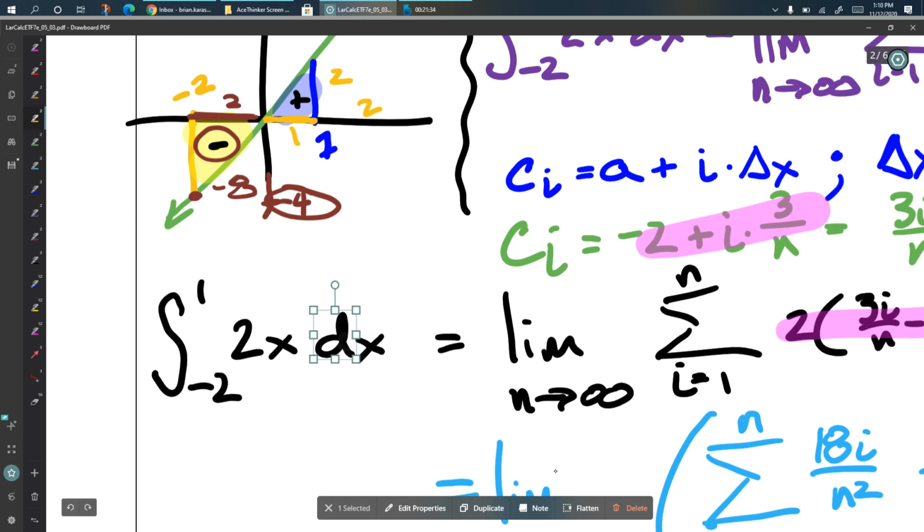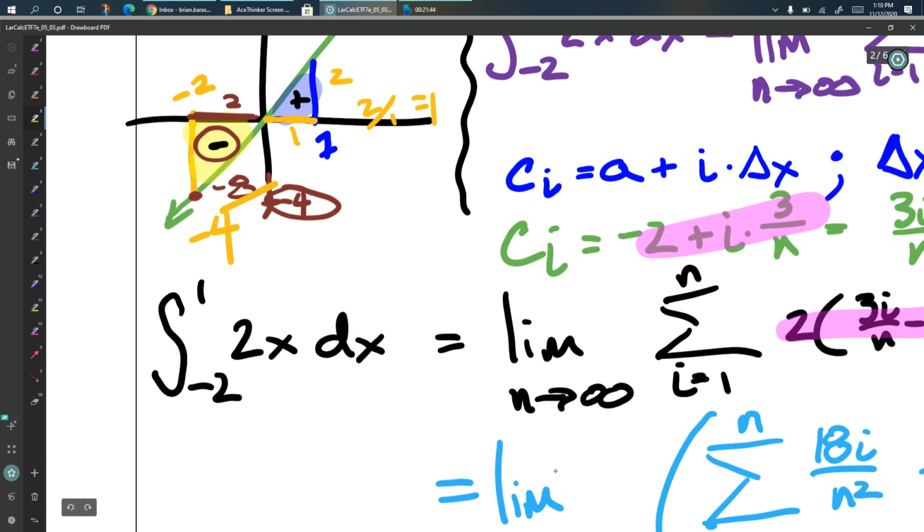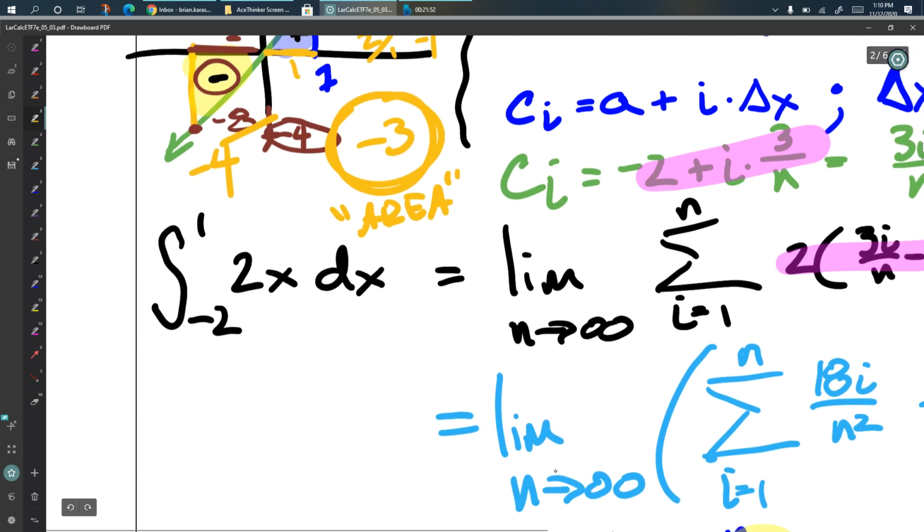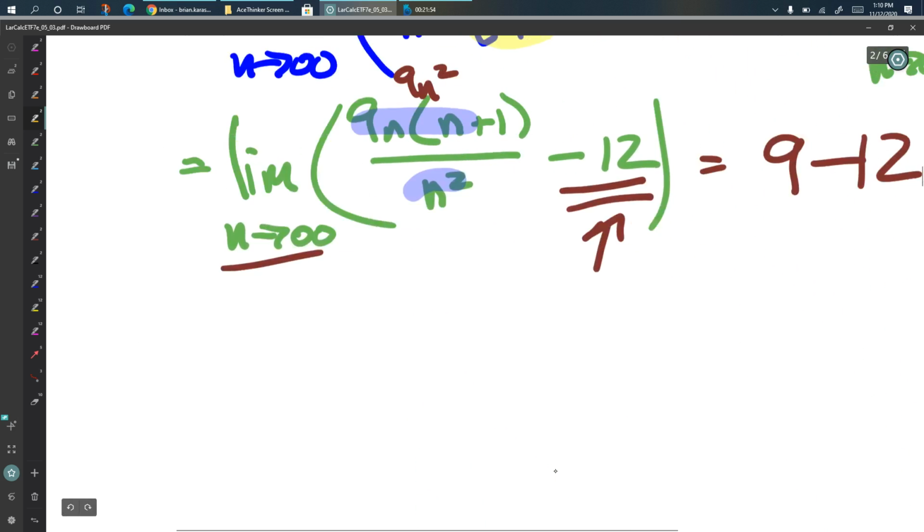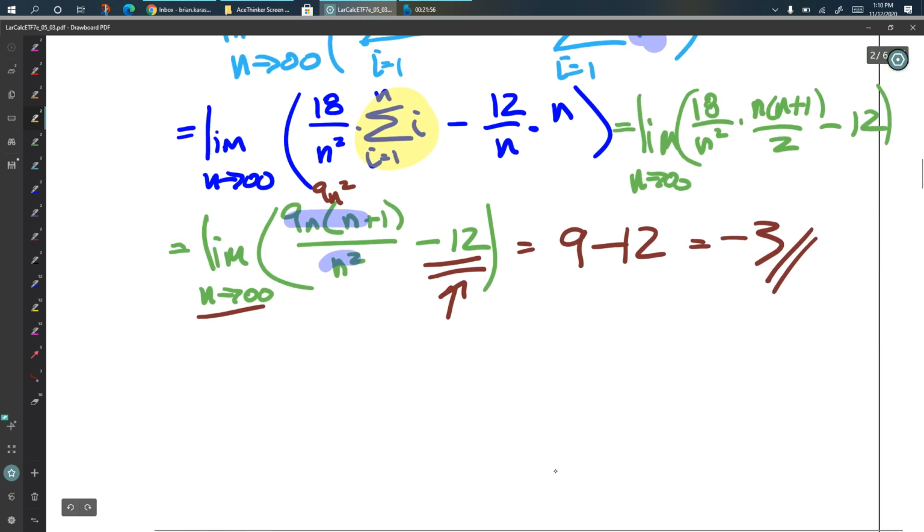I'm sorry, this one has an area of negative 4. Area of a triangle, divided by 2. This one has an area of 1. Negative 4 plus 1, negative 3 total area. Whew, man, my brain stopped there for a second. Which is the same answer I got down here using this.